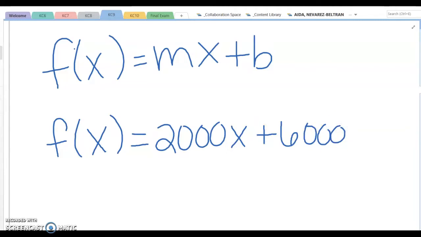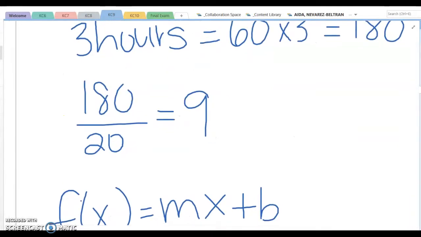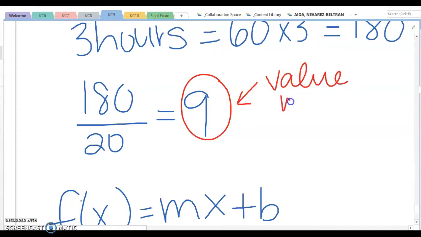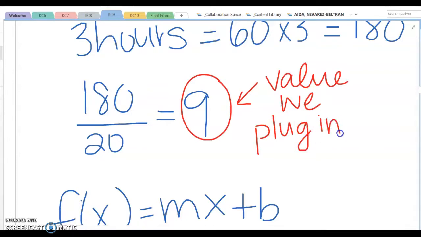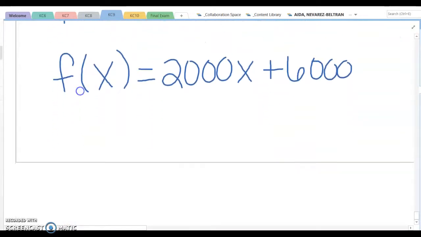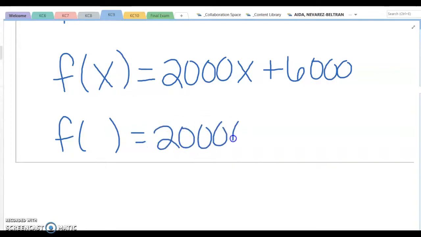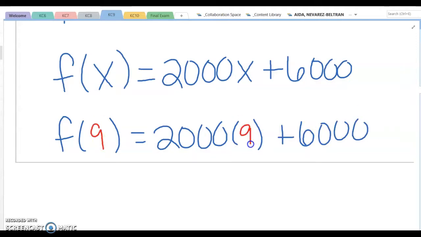Now, 9 is the value we plug in. Everywhere there's an x, we're plugging in 9.